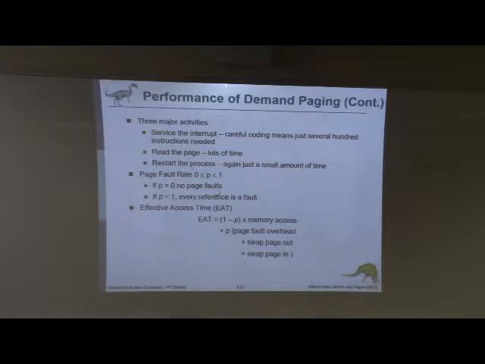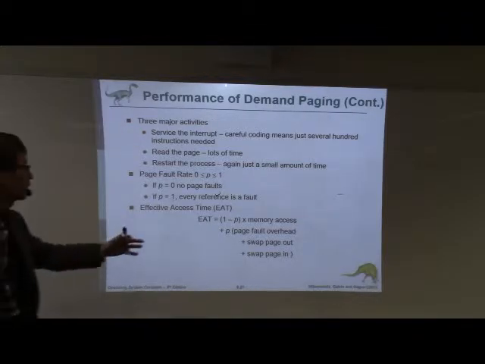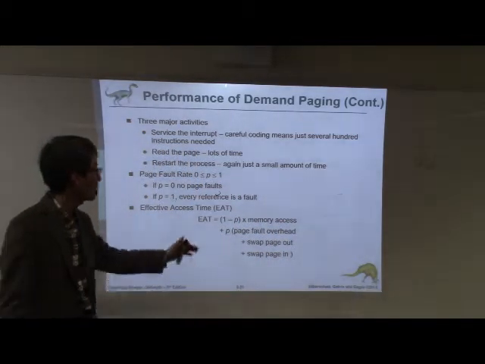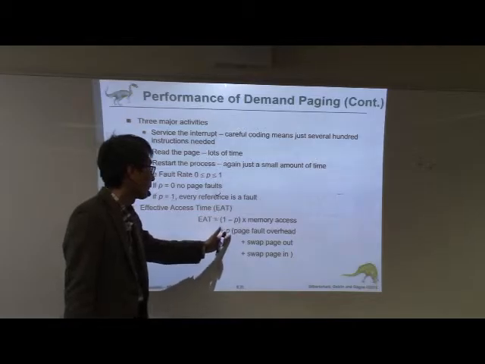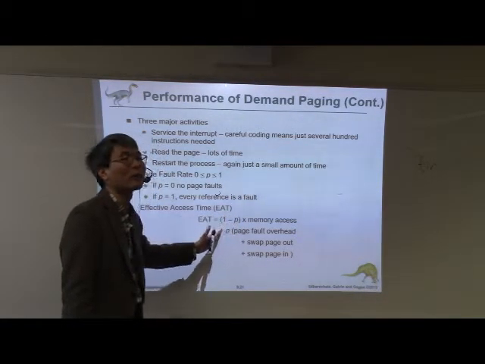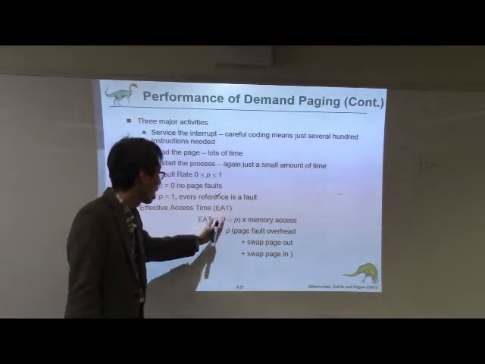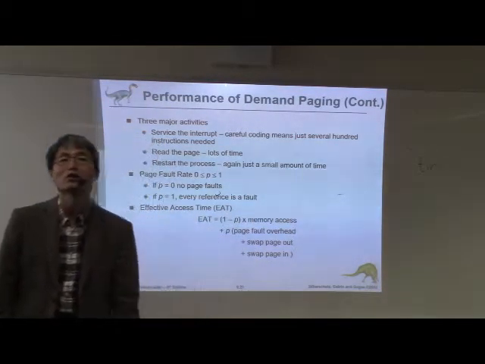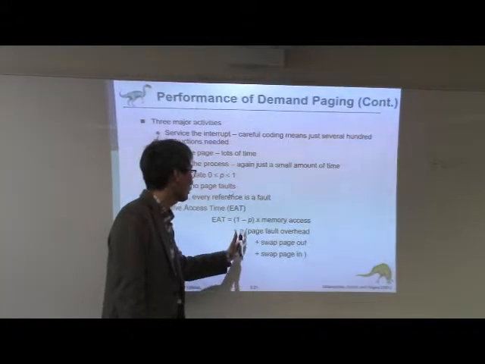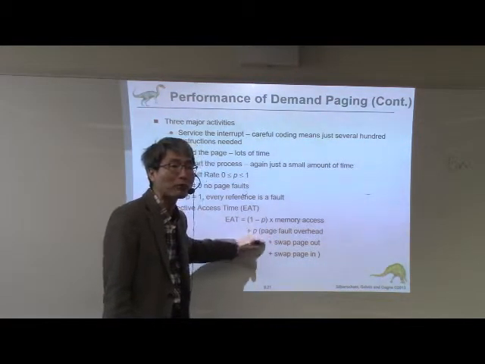It's not very complicated. Many students, whenever they see the equation, get confused. No, it's very simple. There is the valid case and the invalid case. In the valid case, you just consider the memory access only. No IO is required. But in the invalid case, a page fault happens.